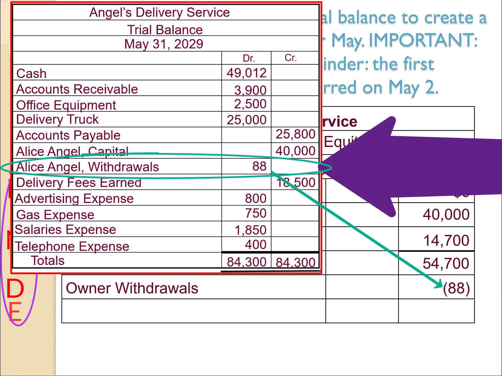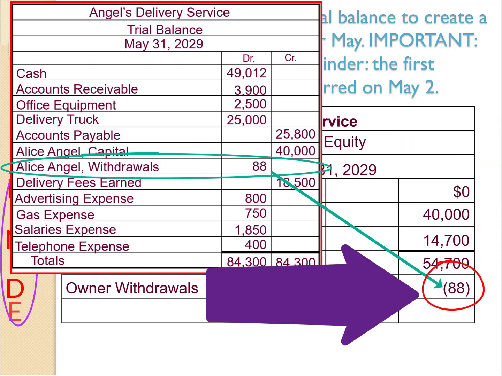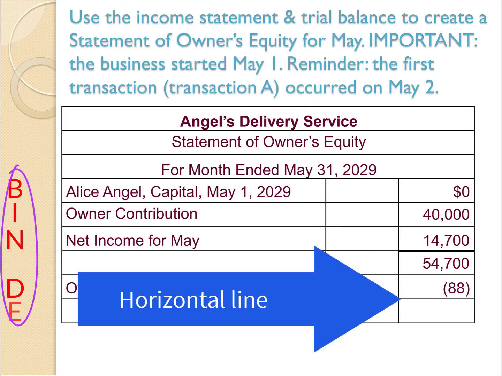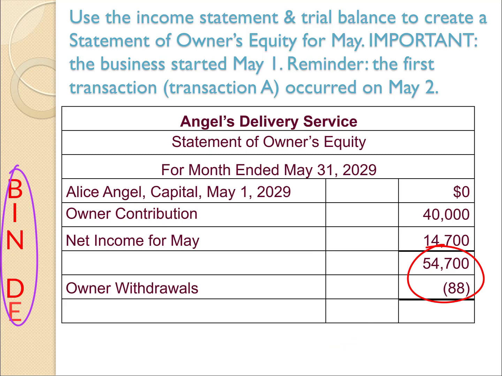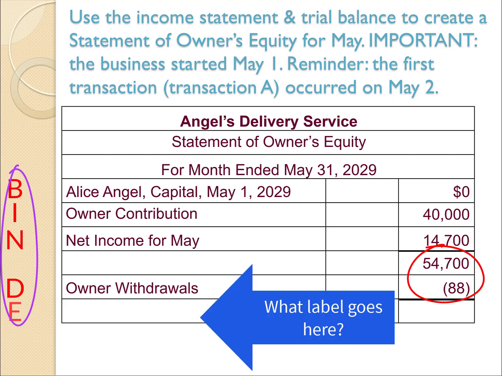Since we're doing an official financial statement, instead of doing a minus sign, it's preferable to be more official and put the parentheses to show that this $88 is a negative number and we are subtracting it. So now we're going to subtract the $88 from the 54,700. So we include another dark horizontal line to show that we're doing a mathematical operation, and then we subtract 88 from 54,700, but first we need the label.